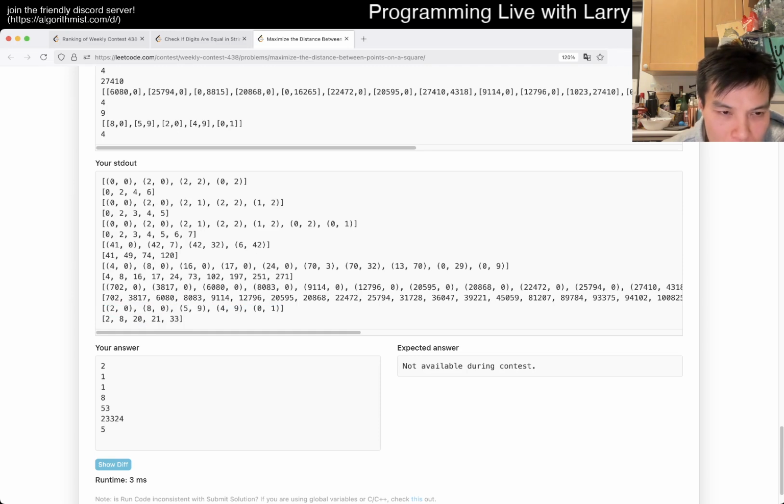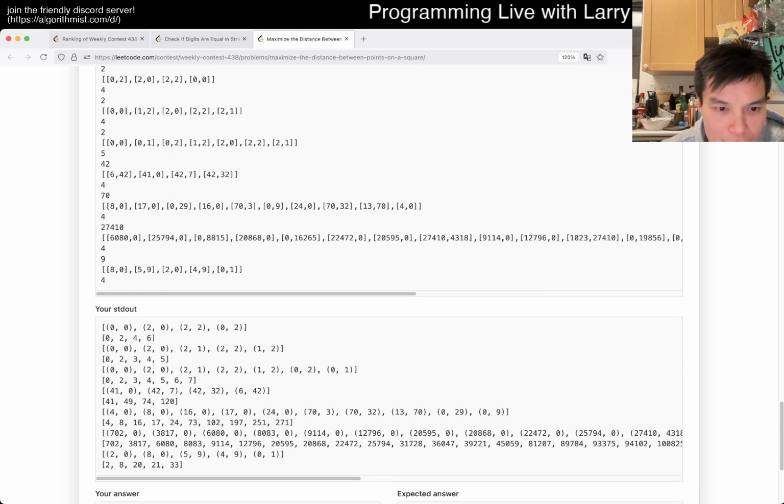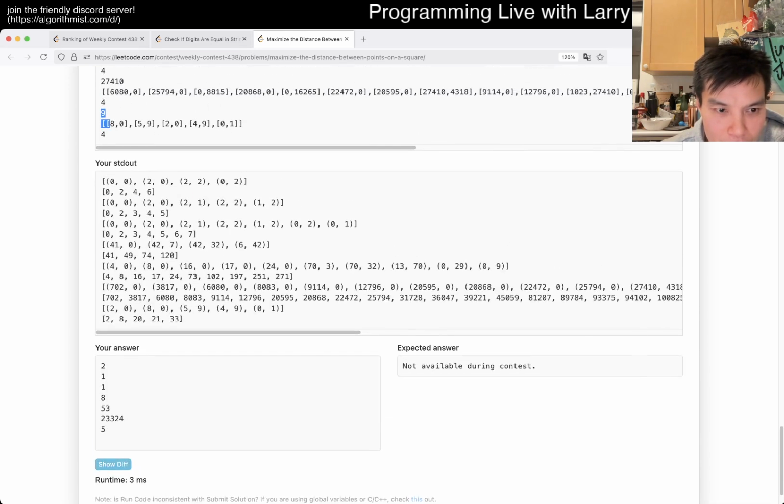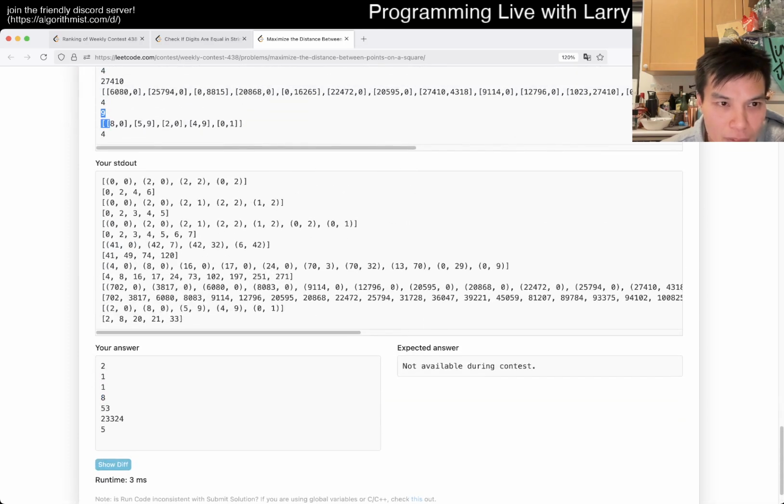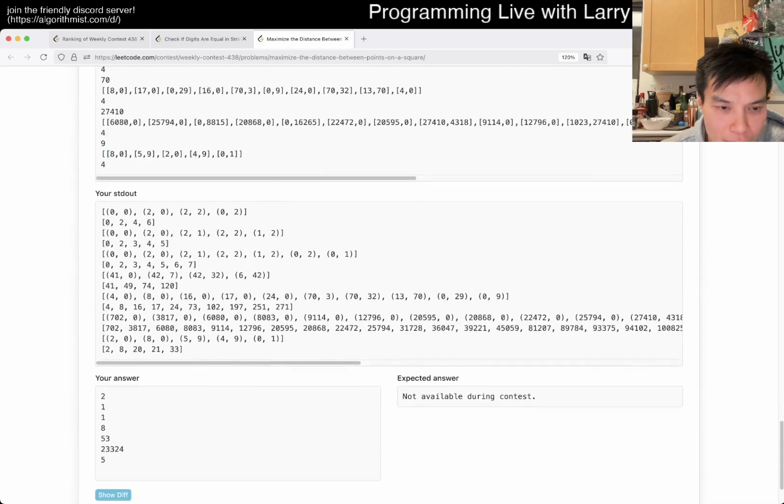No, we didn't. Okay, so 2, 8, you go 3, 12, so 20, 21, 33. What is the side? 9 is 36, so it's 38, right? So okay, it thinks the answer is 5.